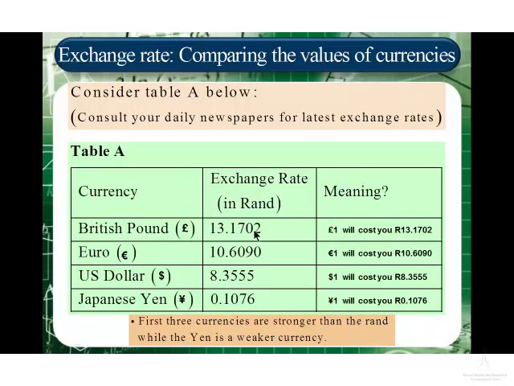In the first instance, the pound, for example, has 13.1702 times the value of the rand in this particular table. And the yen in this case is a currency that is weaker than the rand. So I have to pay less than 1 rand for 1 Japanese yen. This is just a summary of the main currencies in comparison with the rand in this particular way.